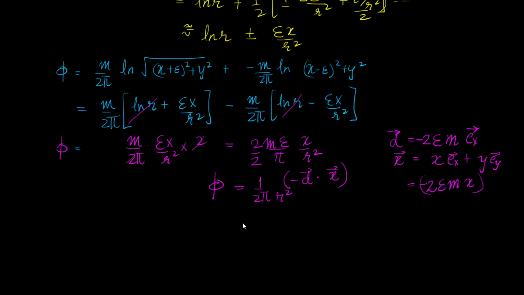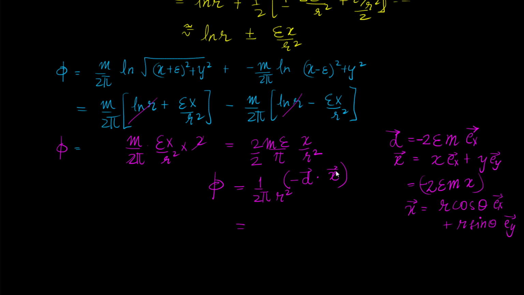Moreover, d dot ex, so x vector is also r cos theta ex plus r sin theta ey.